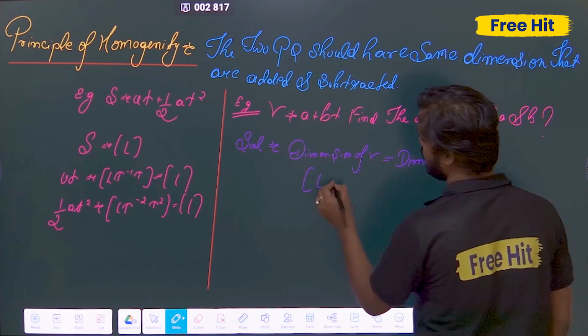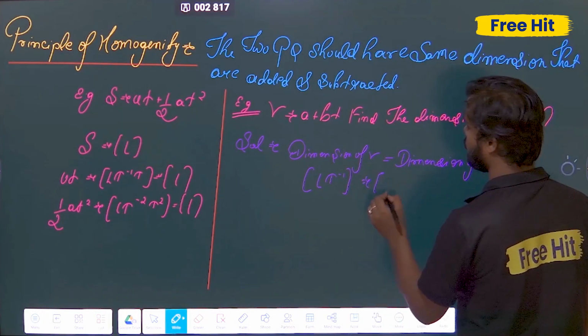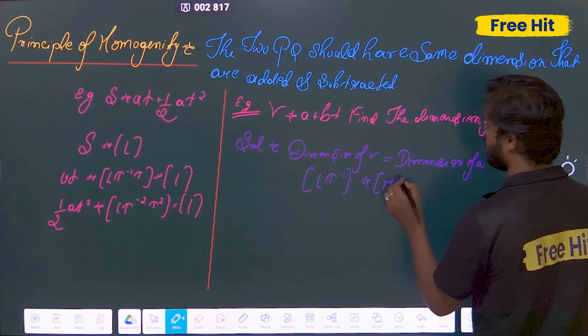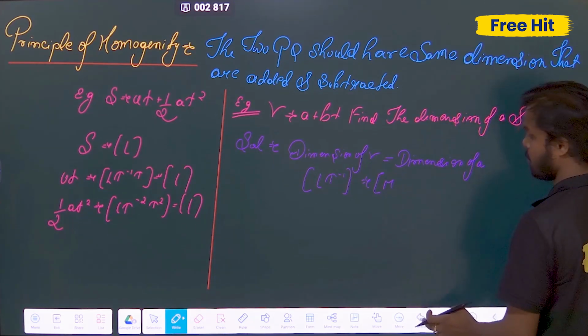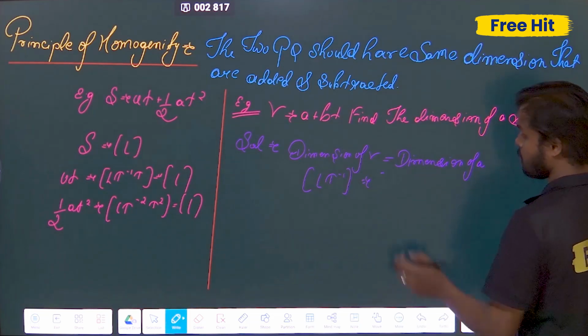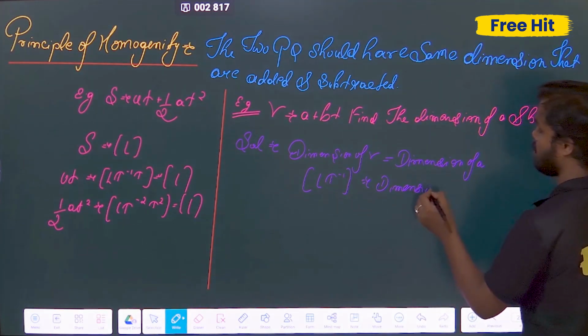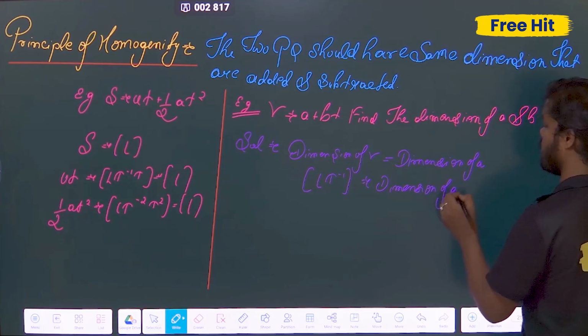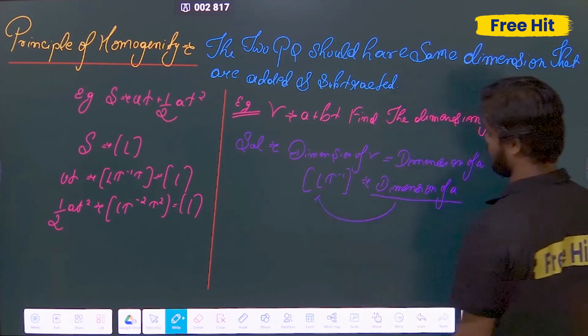That is LT minus 1. And what is the dimension of A? I don't know, just leave it, don't write anything. So that should be equal to the dimension of A. So from here we get the dimension of A. This is equal to LT minus 1. Clear?